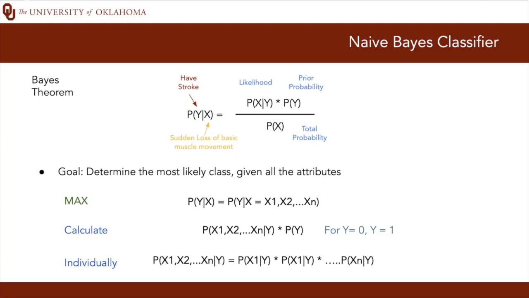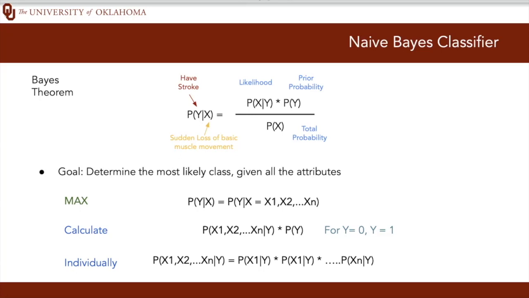We do that by calculating the likelihood times the prior probability. The likelihood is calculated by finding the probability of all the features given a class, times the probability of that class.